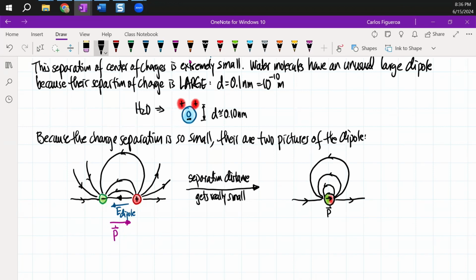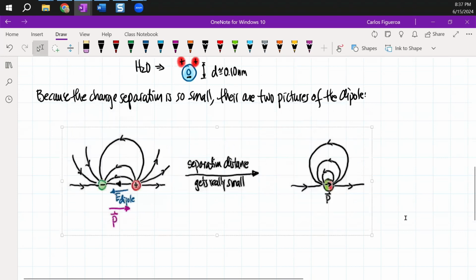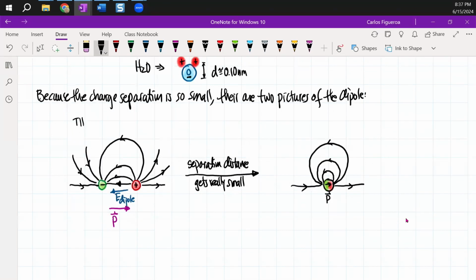So what we say here, just for the sake of language, let me give myself a little bit more space here. This is what I would call a theoretical dipole. Because at some distance we can't see the separation of the charges, this is called the physical dipole.